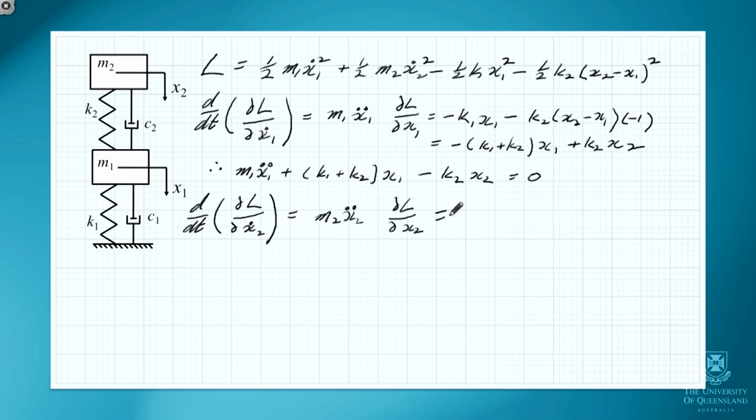And if we just differentiate it, it'll be minus k2 times (x2 minus x1).